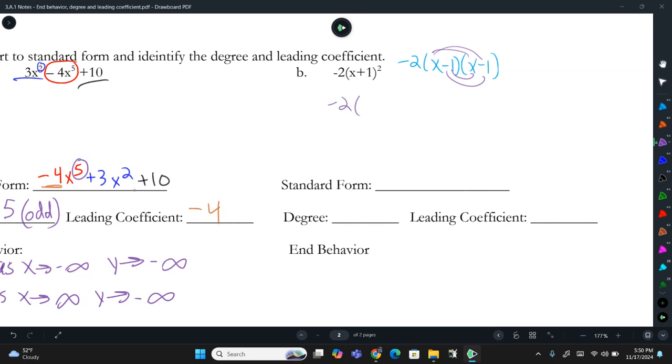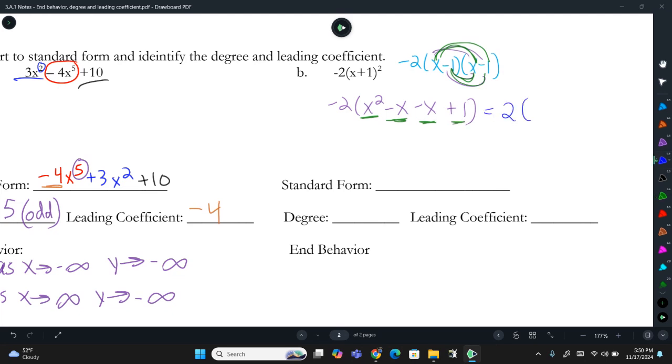So negative 2 times x squared minus x plus 1. Because I took each of these, I did x times x, which is x squared. Then I did x times negative 1, which is negative x. Negative 1 times x is negative x. And negative 1 times negative 1 is positive 1.